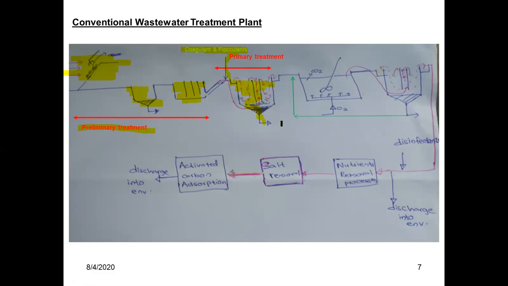Then we find the secondary treatment section. In the secondary treatment section, dissolved solids are removed. This is a biological treatment section because no chemical is added here. Microorganisms do the job; microorganisms do the aerobic digestion.